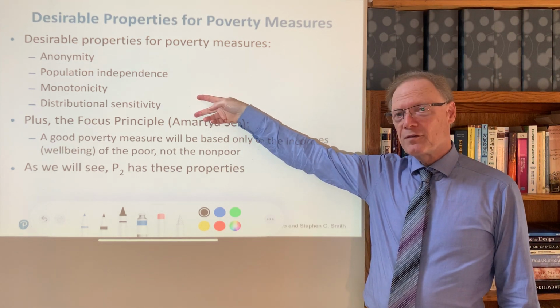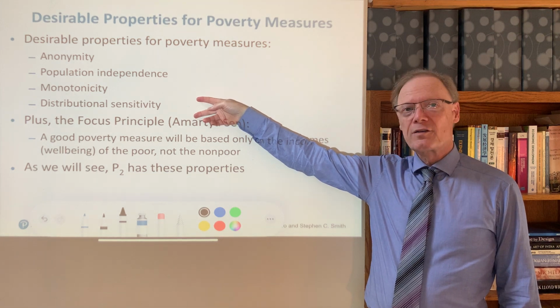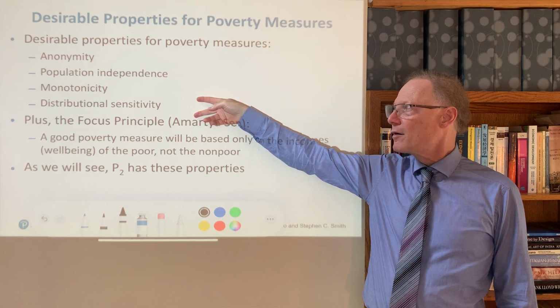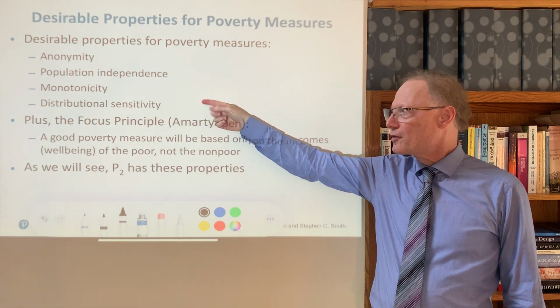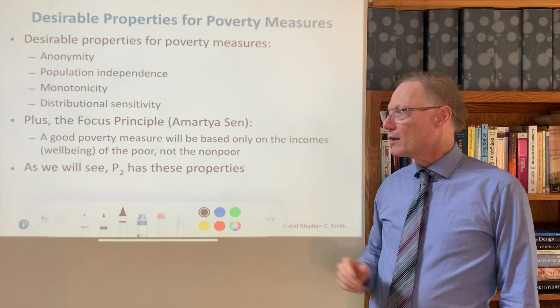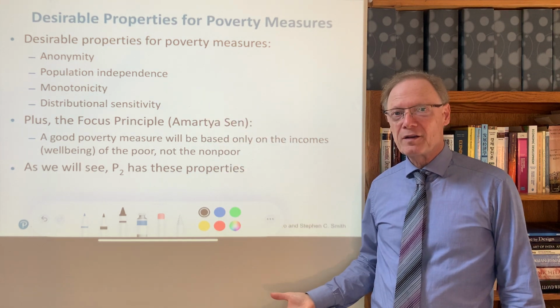The other two of these four are quite important. These, notice, are different from any of the properties that we looked at when we studied inequality. The first is called monotonicity. We're going to talk about a sensible form of this called strong monotonicity.